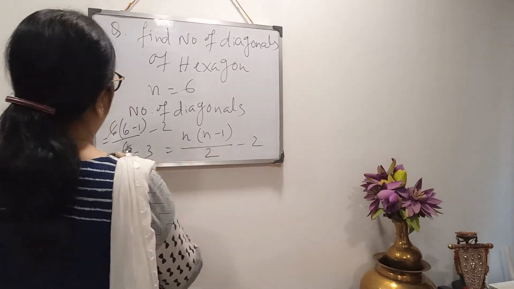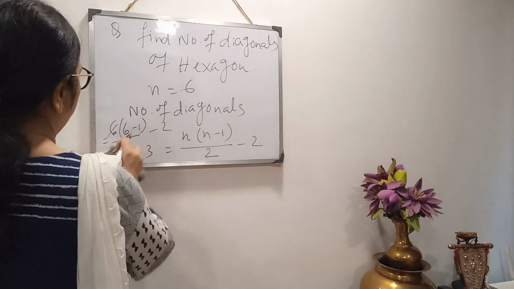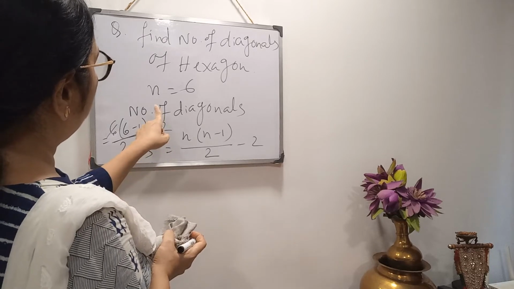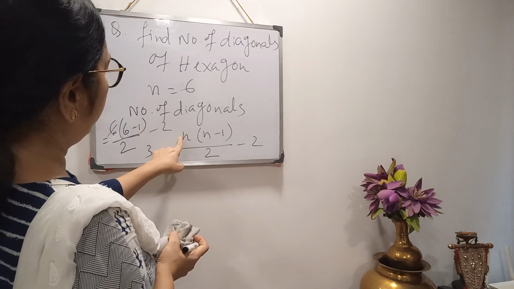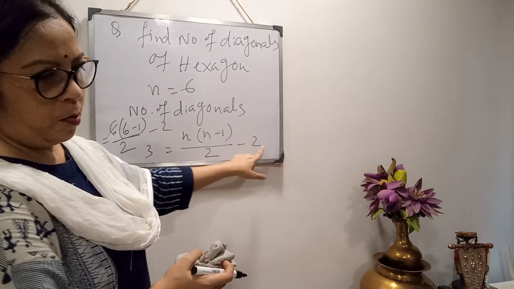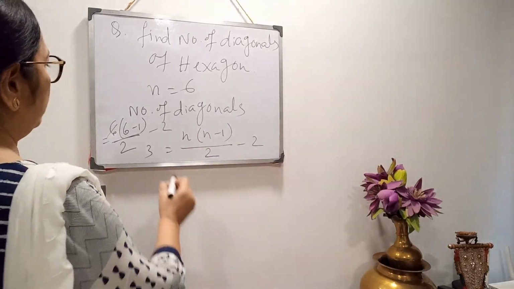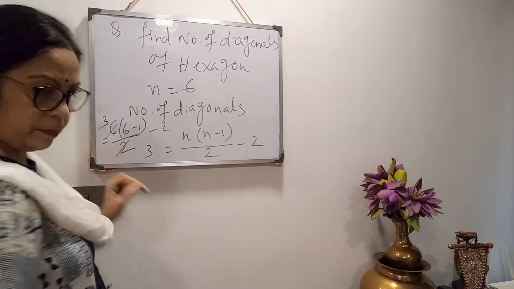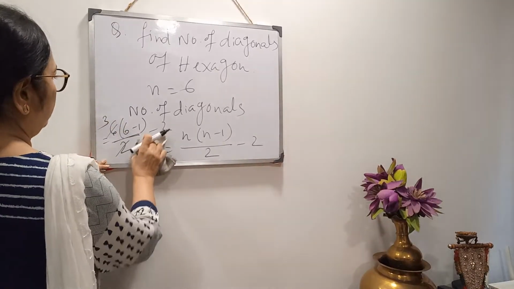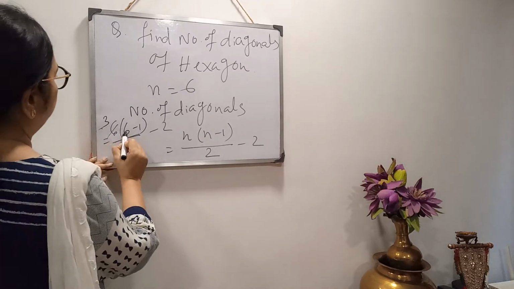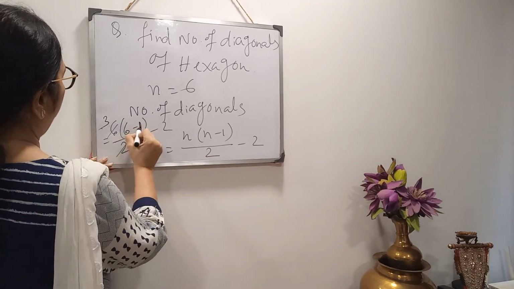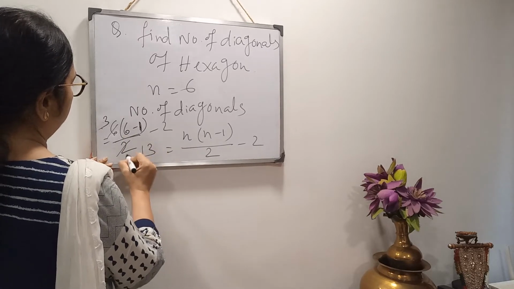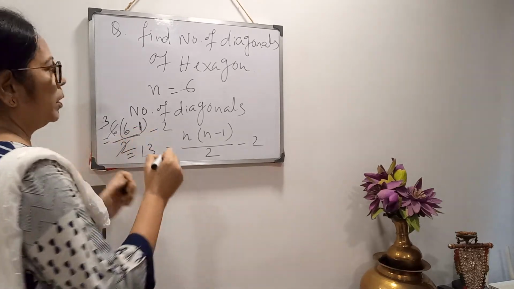Sorry, this is my mistake, the formula is n into (n minus 3) by 2. So 6 into (6 minus 3) by 2. 6 minus 3 means 3, 6 into 3 is 18, divided by 2, 9.